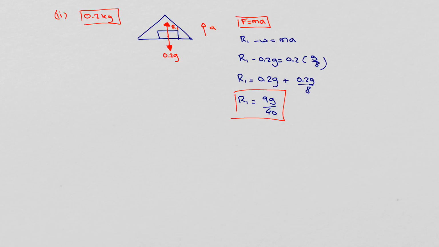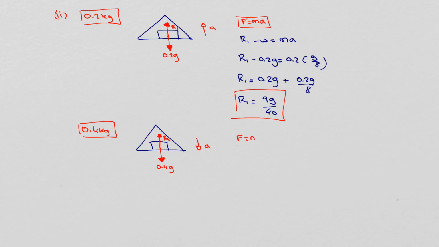Now if we look at the second mass, the second mass was 0.4 kg, and it is in contact again with the scale pan. So again, the weight of the mass acting on the scale pan is 0.4 times g, and therefore there's a reaction force between the mass and the scale pan. Let's call this R2. This time it's accelerating down.